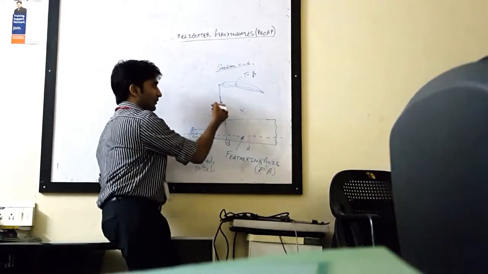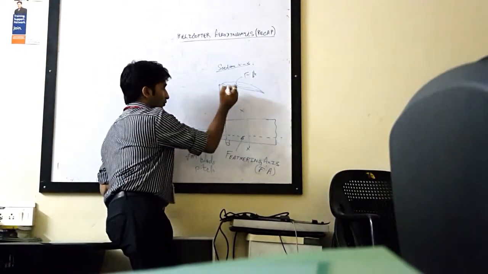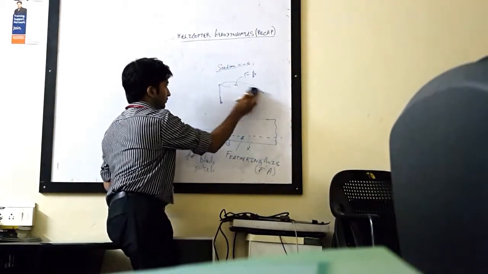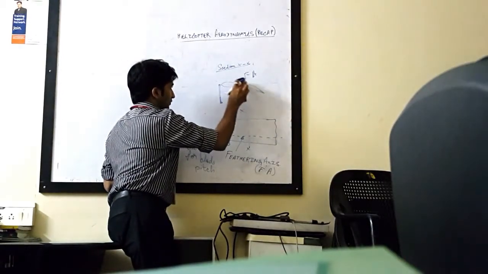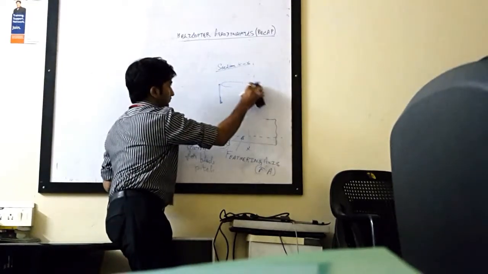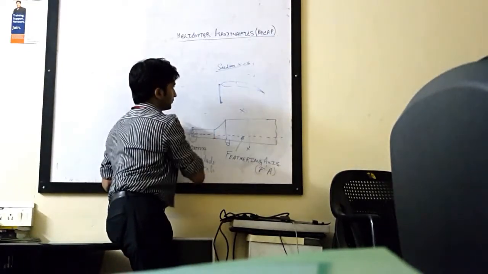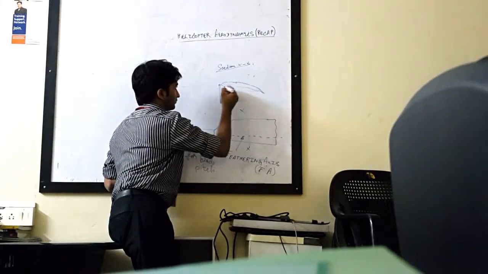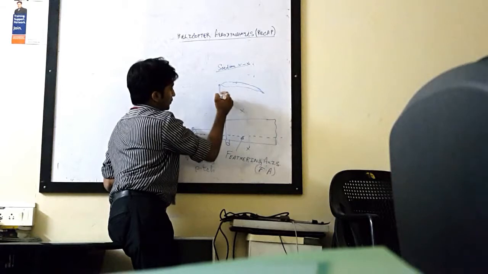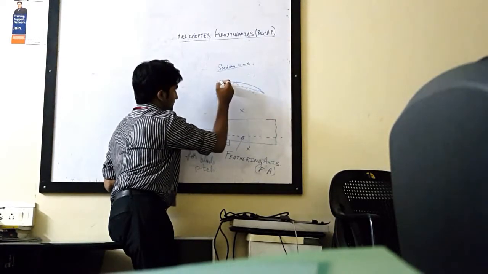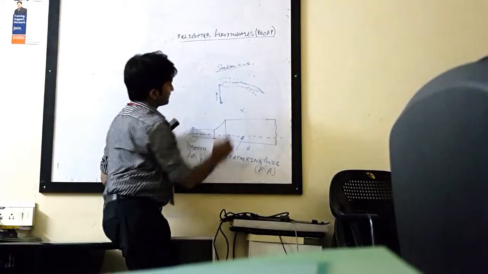Alright. So now what happens is if I push the control rod up, it is going to take a shape like this, right?